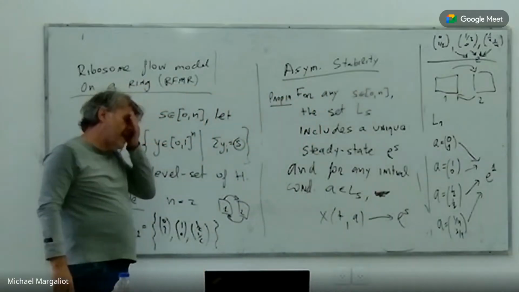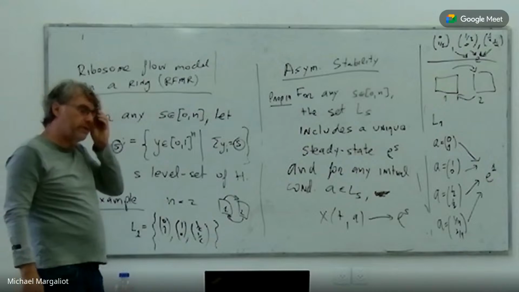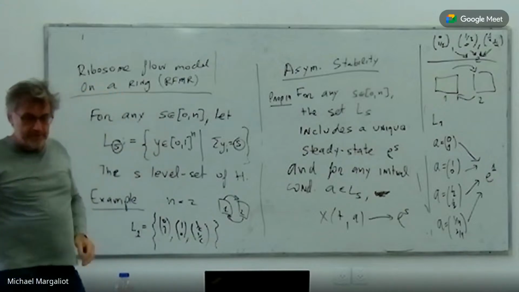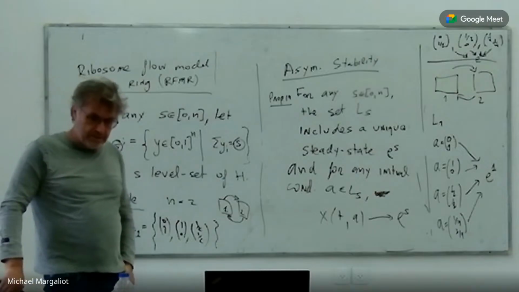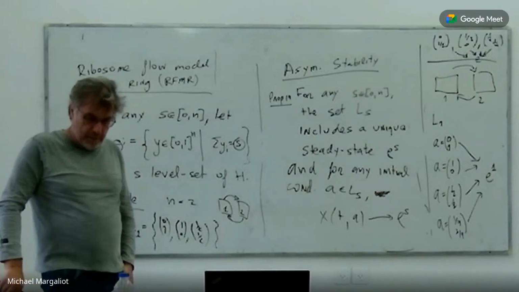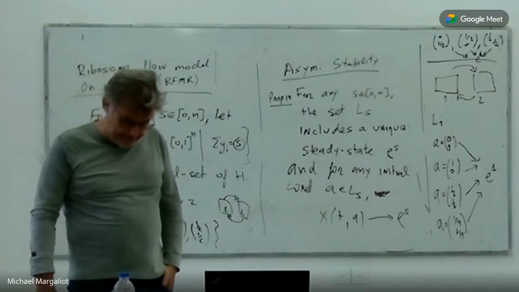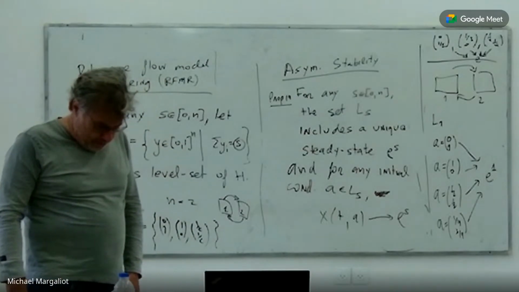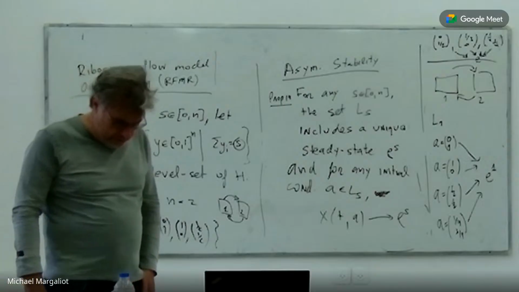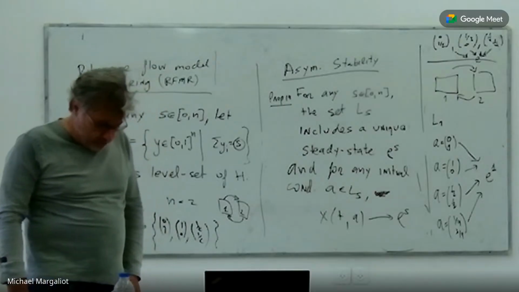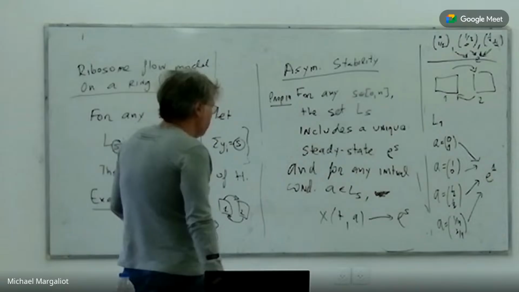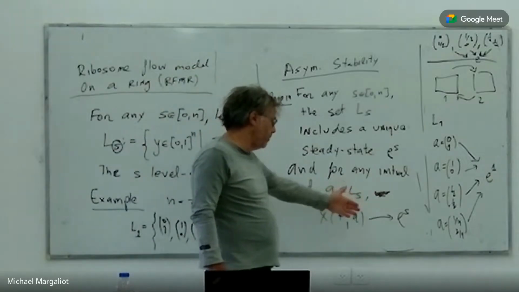The proof of this result is from known results on the behavior of cooperative dynamical systems that admit a first integral. This is proposition number 14 in the lecture notes that I will send you. And this tells me basically that for any initial condition, I will converge to an equilibrium.